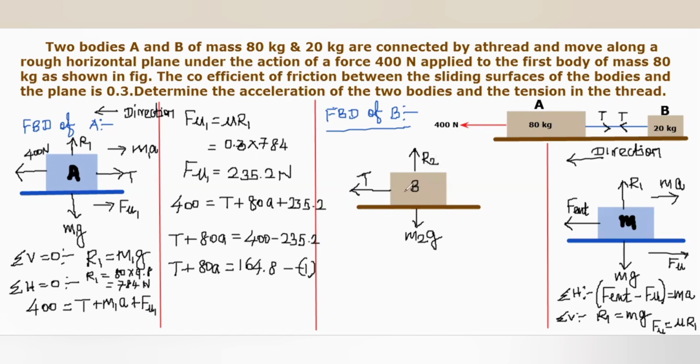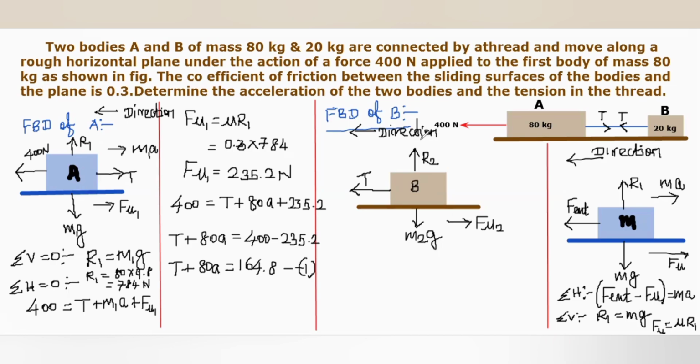And the direction of motion of the object is towards the left side. So the frictional force between the surface and the object will act towards the left side, opposite to the direction of motion.